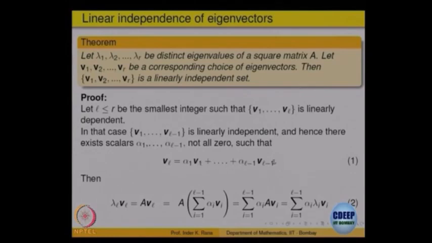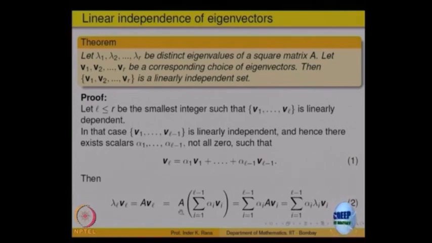That is a linear combination. So we put this value here and use linearity of A. A times the sum is equal to the sum of alpha i A of V_i, but each V_i is again an eigenvector. So what is A of V_i? That is lambda i V_i, is it okay?